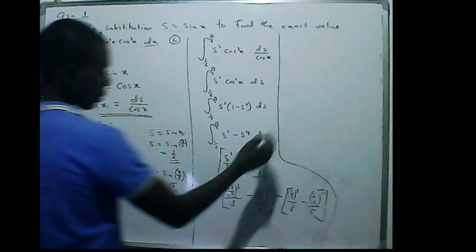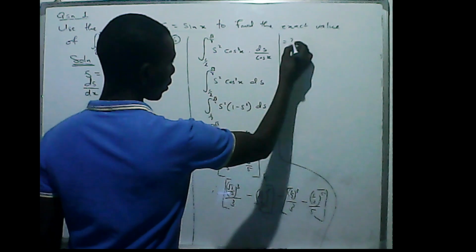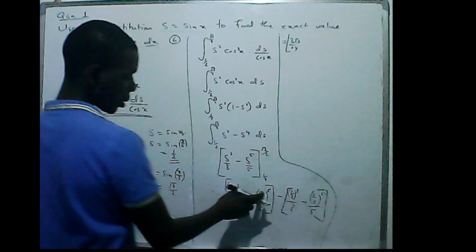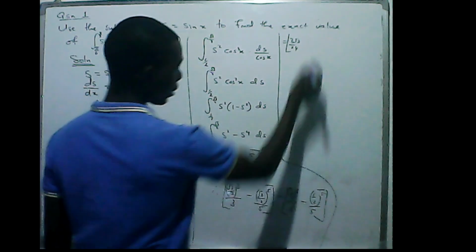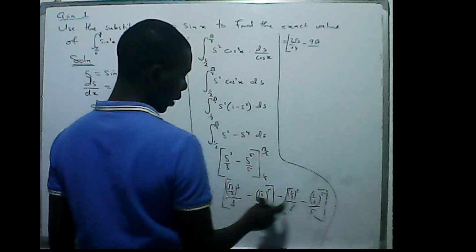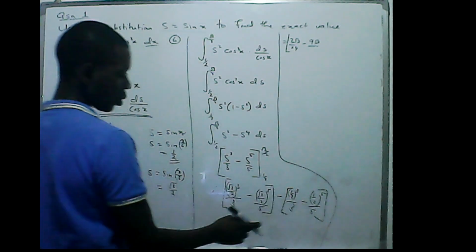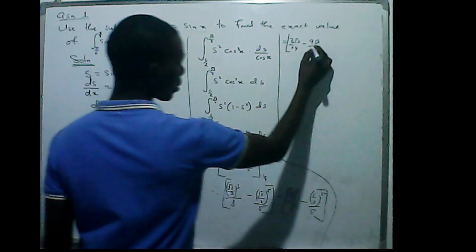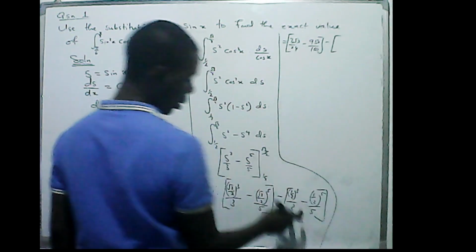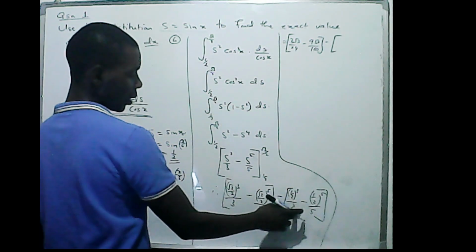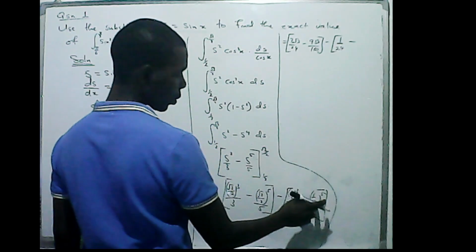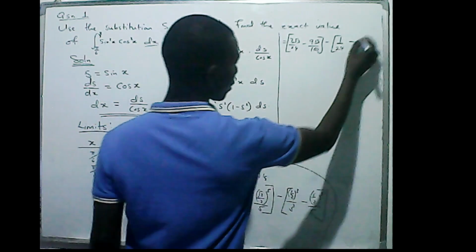Then minus 9 root 3 over 2 to the power 5, that's 32 times 5, that will be 160, minus 1 over 8 divided by 3, 1 over 24, minus this one becomes 1 over 32 times 5, 1 over 160.